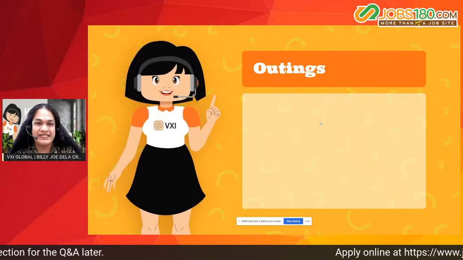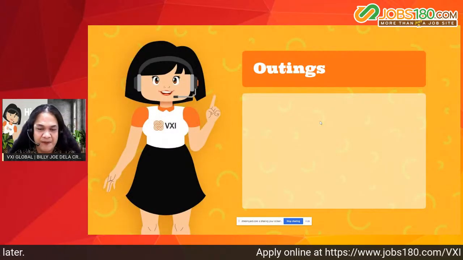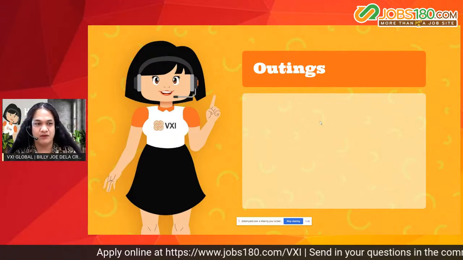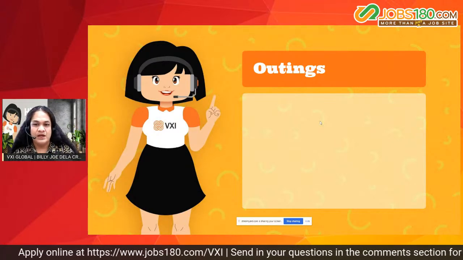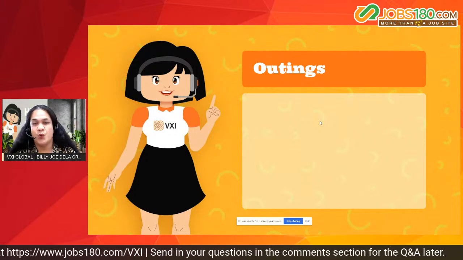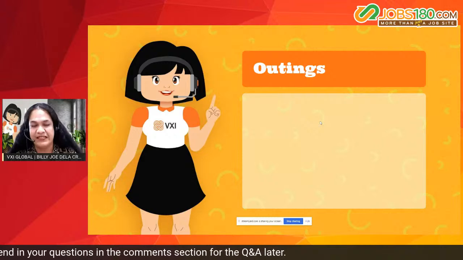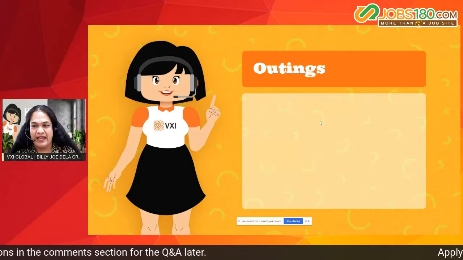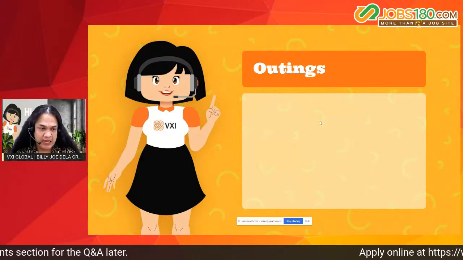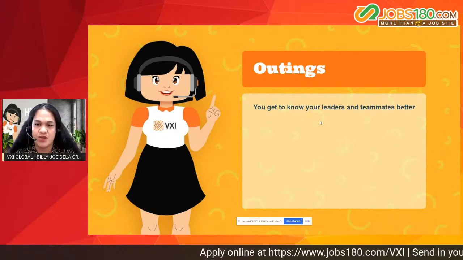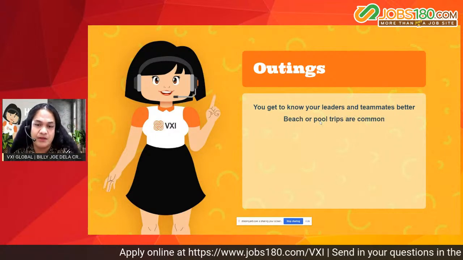Outings, of course. Here in the BPO industry, we are not just working and working and working. We have outings as well to relax our feelings, our emotions, and our physical selves. And you get to know your leaders and teammates better.